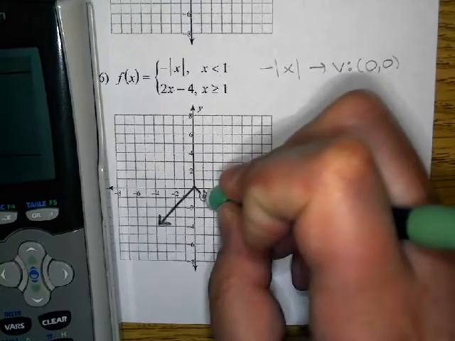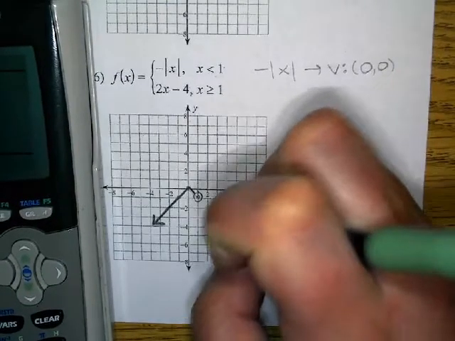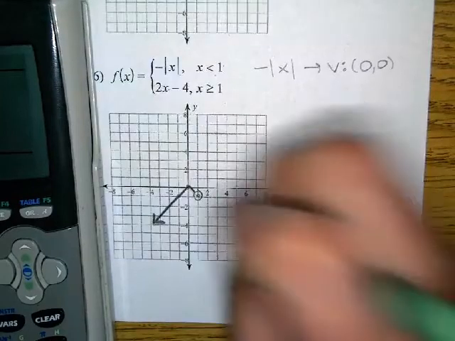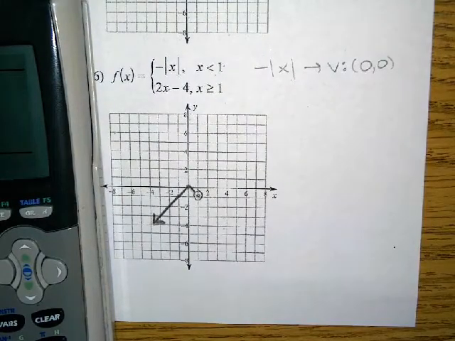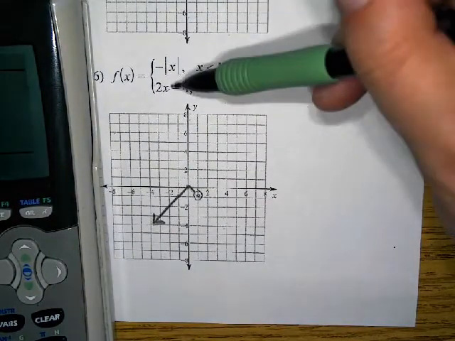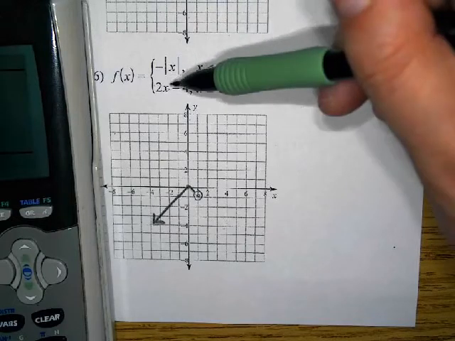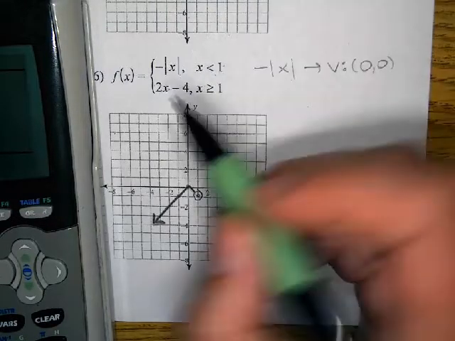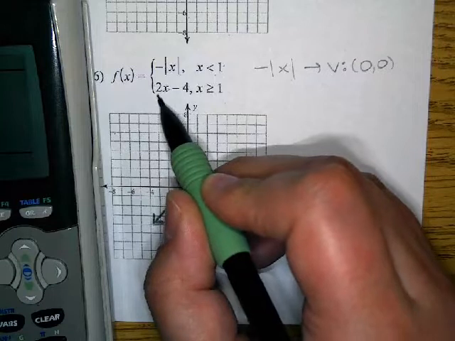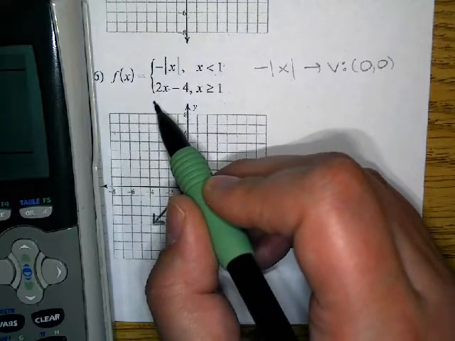Now next, I have to graph the straight line 2x minus 4. I want the slope to be written as a fraction, so how do I take a whole number and make it a fraction? Rise over run, and so I take the whole number 2 and I put it over 1.